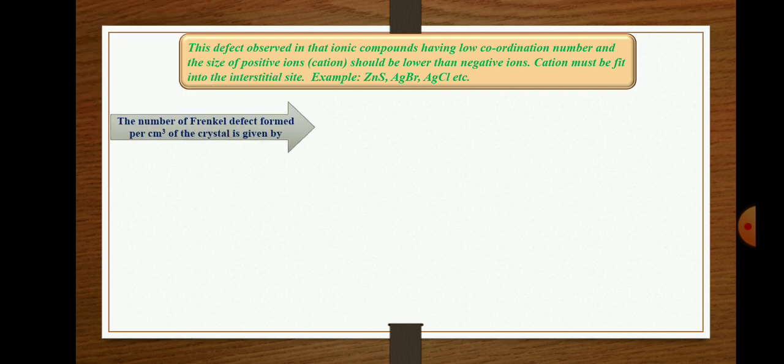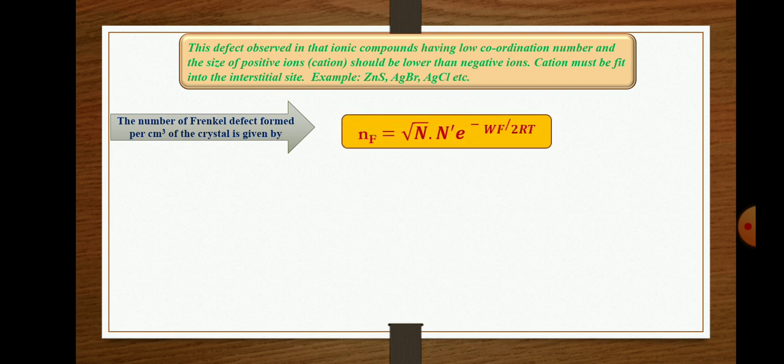Now students, we have to calculate the number of Frenkel defects formed per cm cube of the crystal, given by the equation nf is equal to under root of capital N into n dash, epsilon to the power minus Wf, whole divided by 2RT.